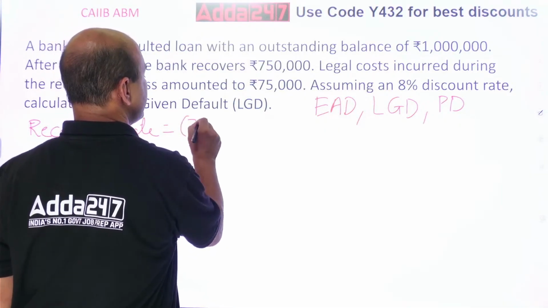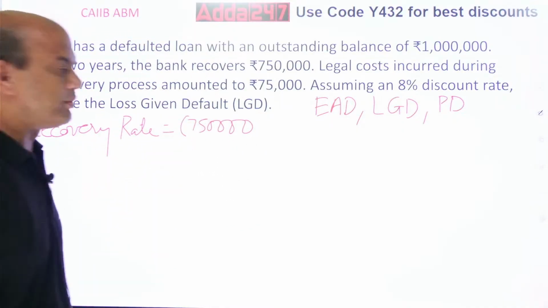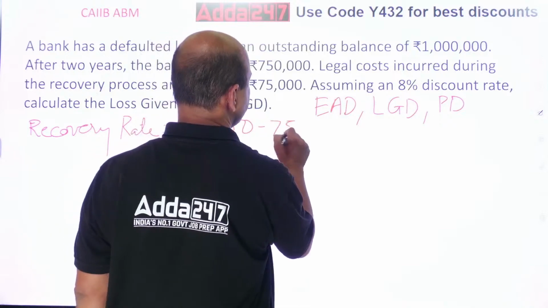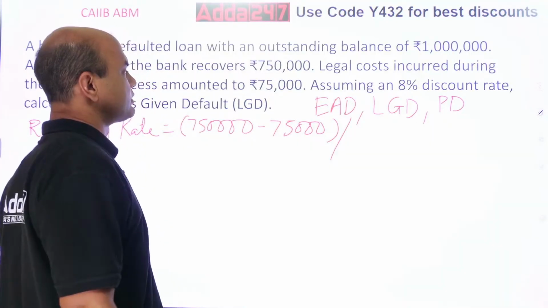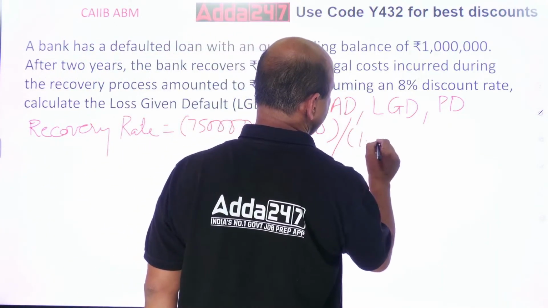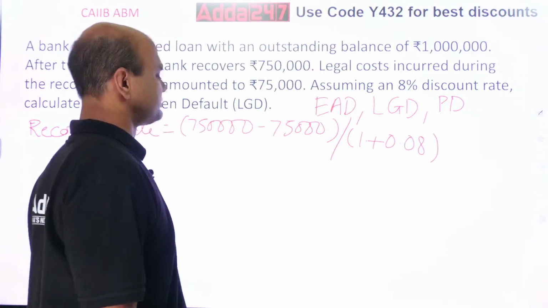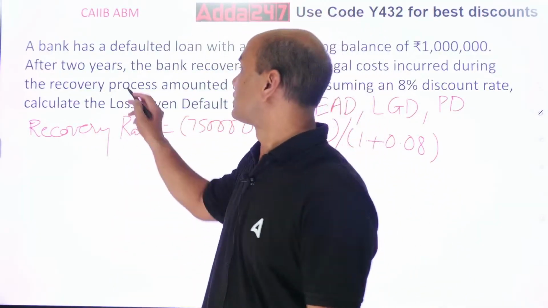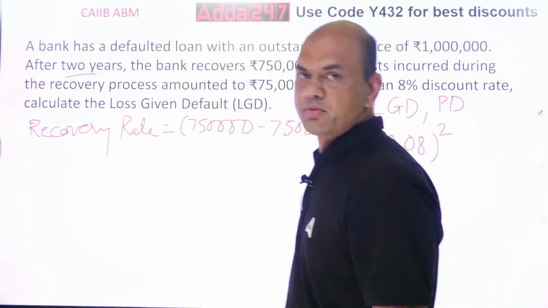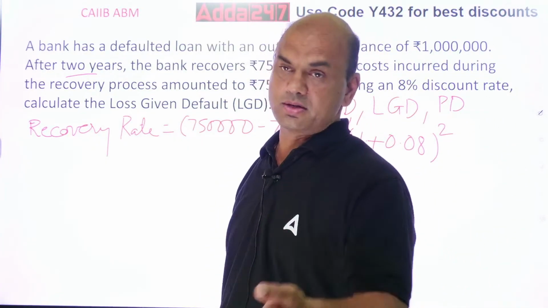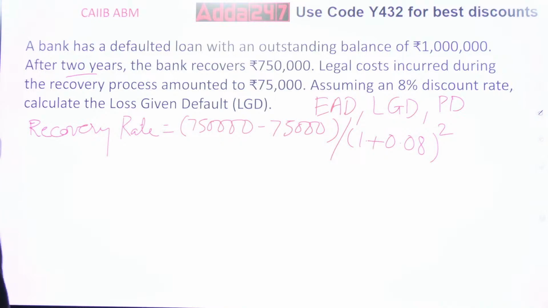So 7,50,000 minus 75,000, the whole upon 1 plus r raised to n. So 1 plus 0.08 raised to how many years? After 2 years. Look at this. So raised to 2. Now solve this. First get the answer for this, then I will tell you further. Get the answer for this, everyone. Very important, you want LGD, loss given default.